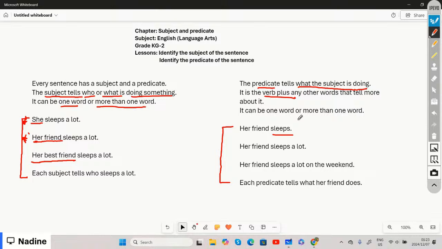And once again, we see the predicate tells us about the subject, and it is the verb plus any other words that tell me about it.